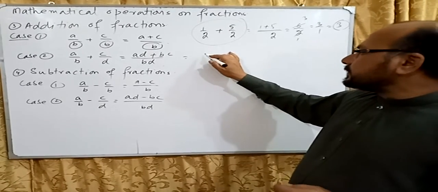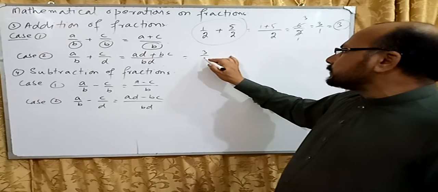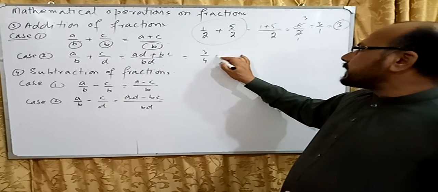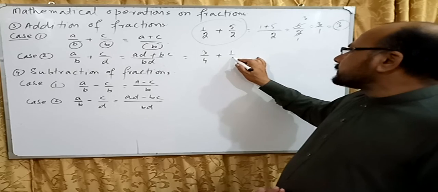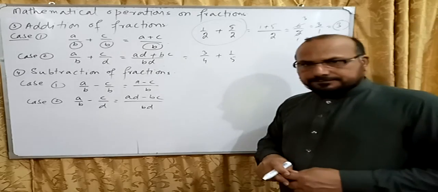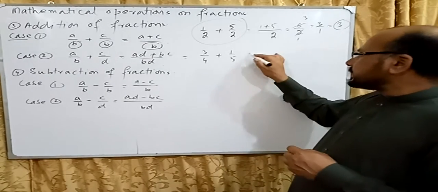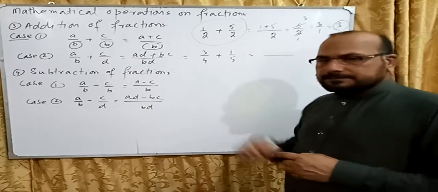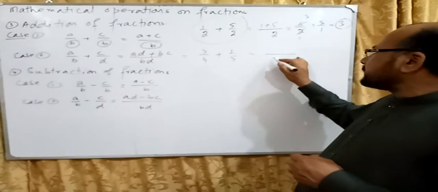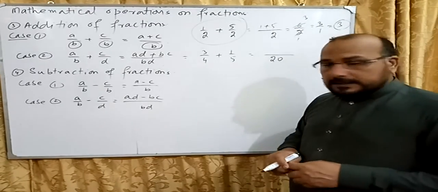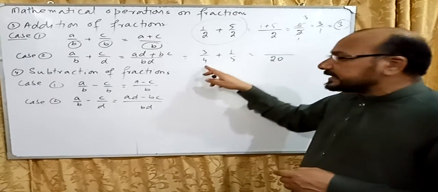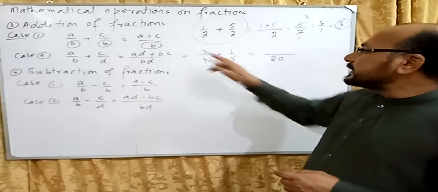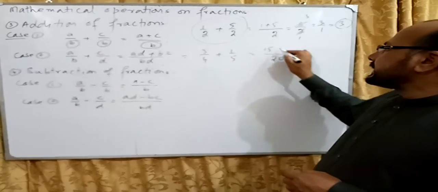In the case of numbers, for example, 3 over 4 plus 1 over 5. First, we multiply these two denominators: 4 multiplied by 5 becomes 20. Now 20 divided by 4 is 5, and 5 multiplied by 3 is 15.